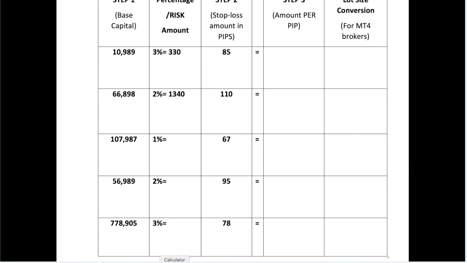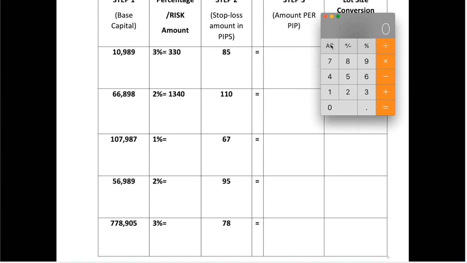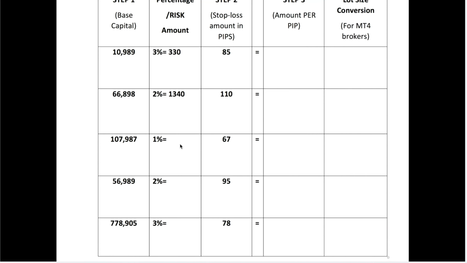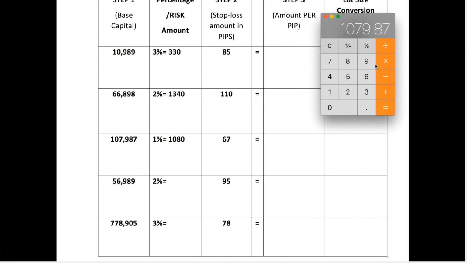Next one, slightly bigger account this time, 107k, 108k. 107,987. And this is 1%, so we can do straight divided by 100, which equals £1,079.87. £1,080. Next, we want 2% of the next figure, slightly smaller account this time.